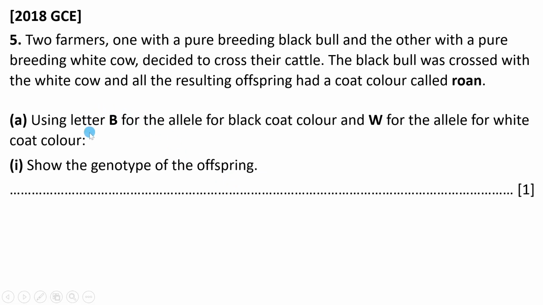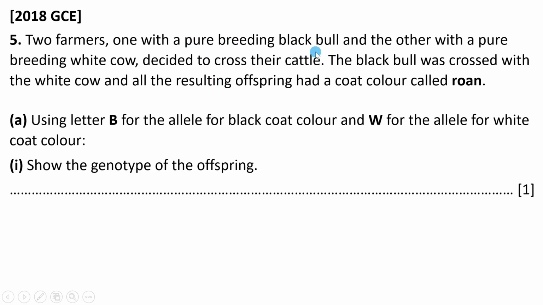So this one is for black coat color and this one is for the white coat color. And since both are pure breeds, it simply means they are carrying homozygous genes for the trait they are carrying. So the trait for this one is black.